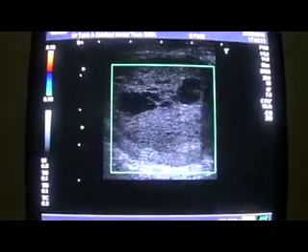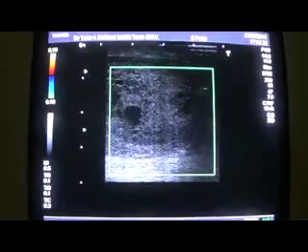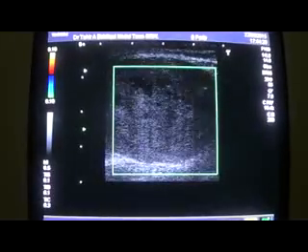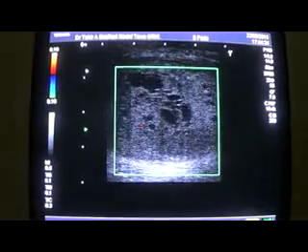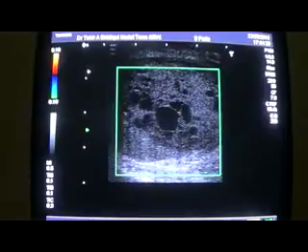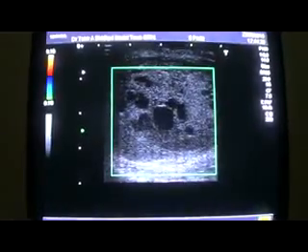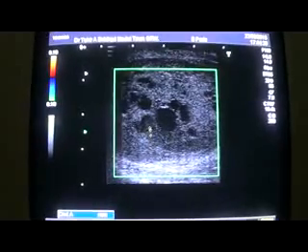So far it is not possible to grab any artery. Veins are in abundance. One thing I want to show you is that this is a cyst, and you see the debris within it.